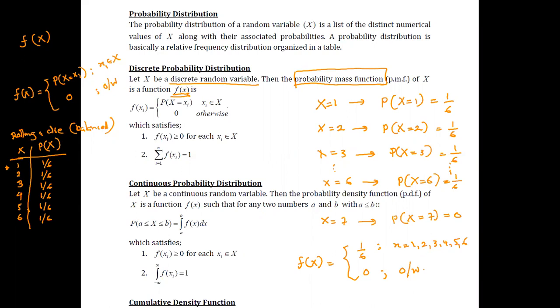If you are discussing probability mass functions, there are two properties that we have to focus on. For any given probability mass function to be a valid probability mass function, these two conditions need to be satisfied. The first condition is that each and every probability should be greater than or equal to 0.